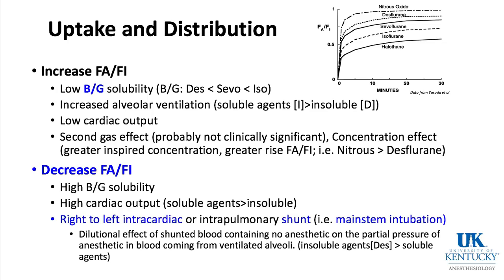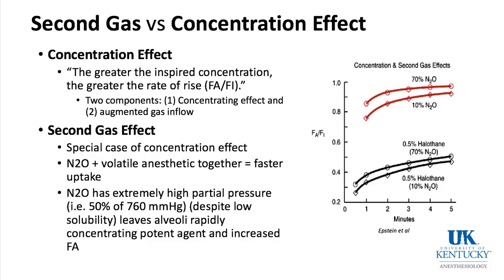And this dilutional effect of shunted blood that bypasses the alveolus and is not picking up any anesthetic on the partial pressure of anesthetic in the blood coming from the ventilated alveoli is to reduce it. And so it decreases FA over FI. And in this case, it does it more for the insoluble agents, desflurane, than it does for the soluble agents. So these are the things that can increase or decrease uptake and distribution.